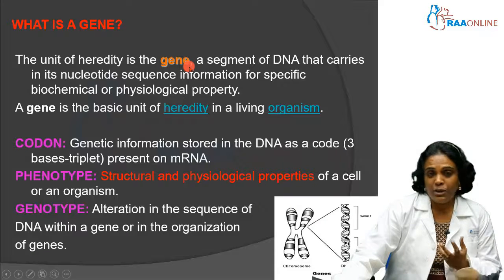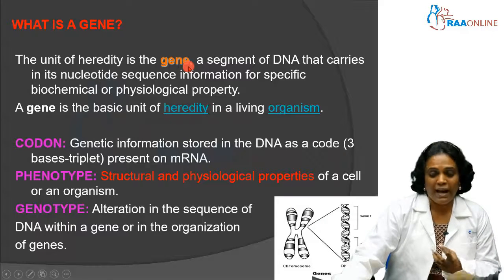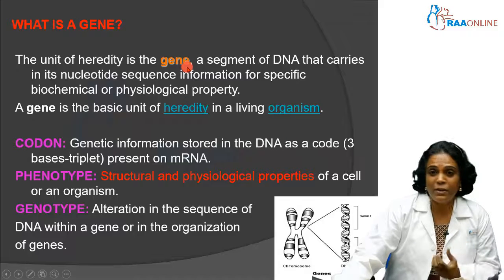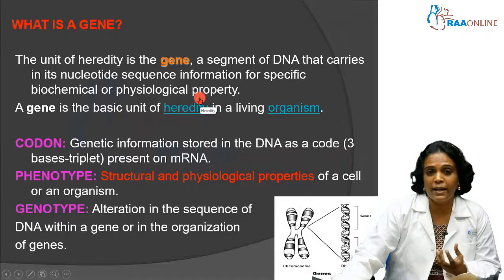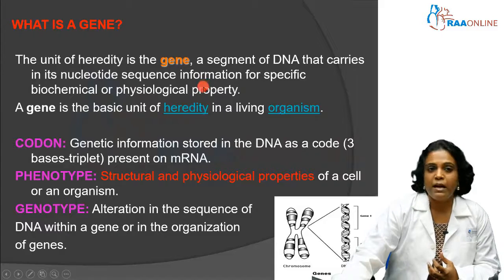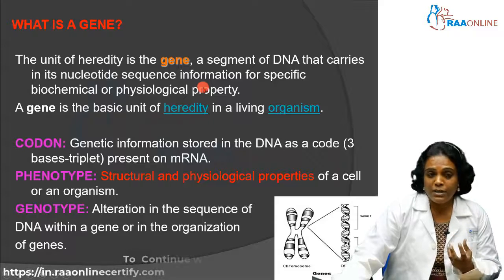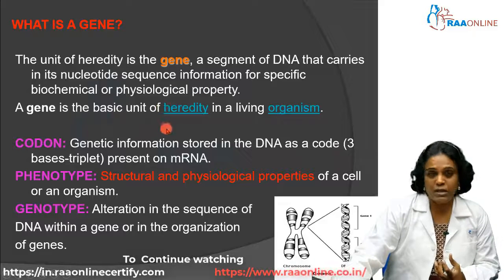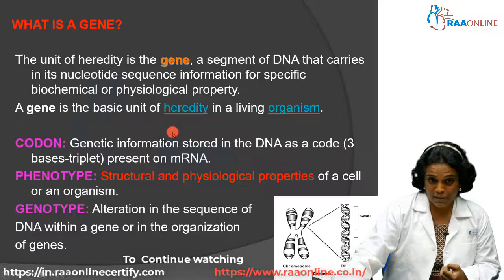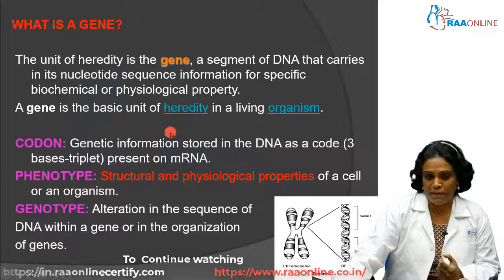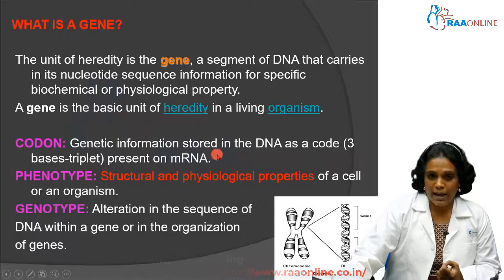A gene is a unit of heredity, and it is a segment of DNA that carries the nucleotide sequence and is responsible for the phenotypic and genotypic properties. Now these genes are made up of codons, and these codons are made up of 3 nucleotide bases. They are called triplets, and they are present on the mRNA.